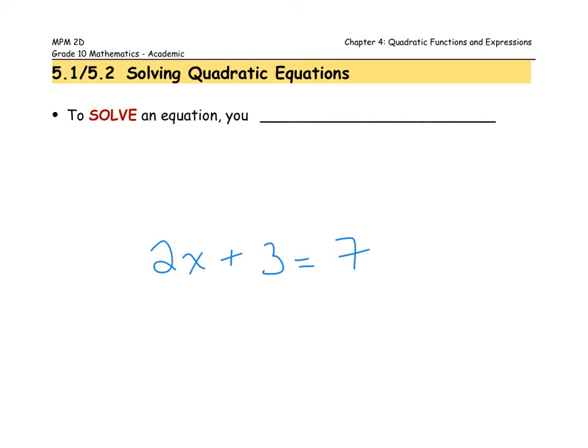Well, I'm hoping what you're thinking about is that if I'm solving this, I'm finding out the value of x. In other words, I'm finding the value of this variable that is unknown. So that's what it means to solve an equation: you find the value of the variable.